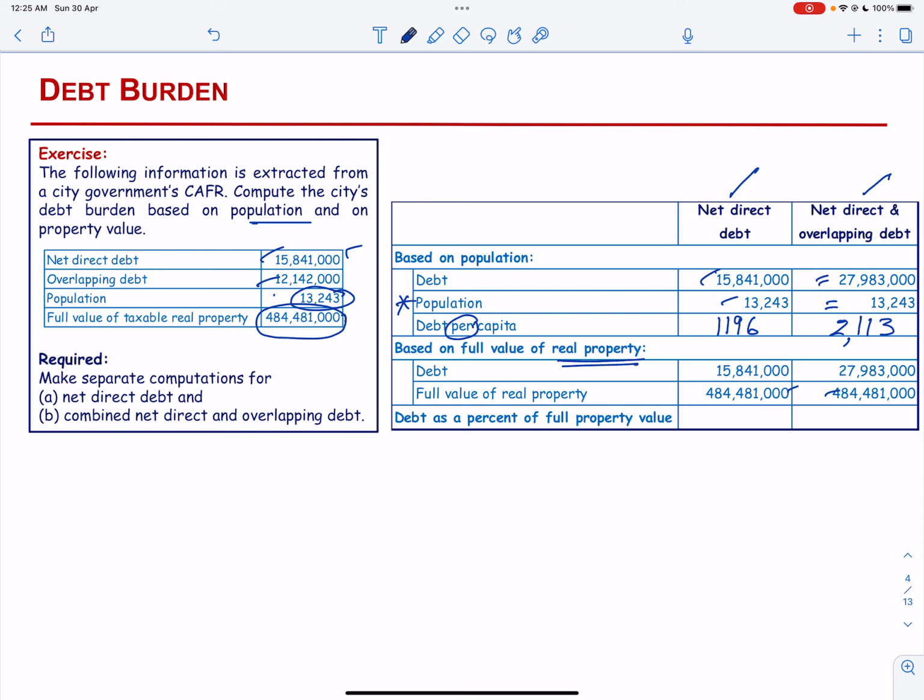So we have the debt as it was in the previous case for the net debt and net direct and overlapping debt, and the debt as a percent of full property value will be the debt divided by the full value, and that is equal to 3.27%. And for net direct and overlapping debt, the debt as a percentage of full property value will be 5.78%.